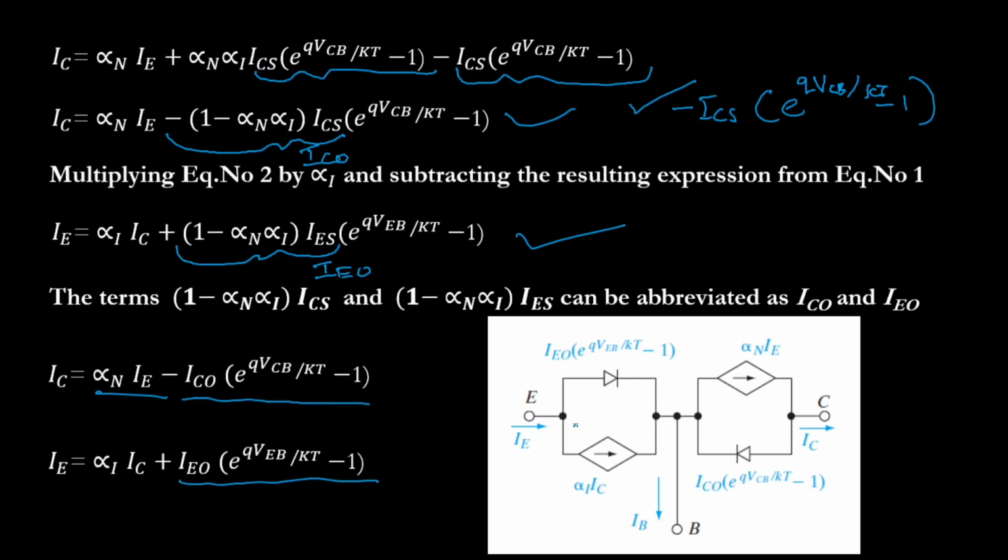So this is how I represent my BJT in normal active mode, inverted mode, and if it is a superimposition of both cases, the equivalent diagram looks like this. That is the Ebers-Moll model, Ebers-Moll equations.